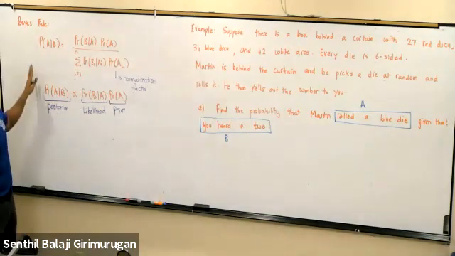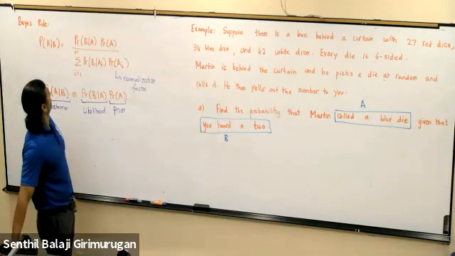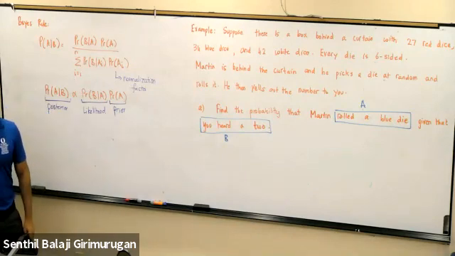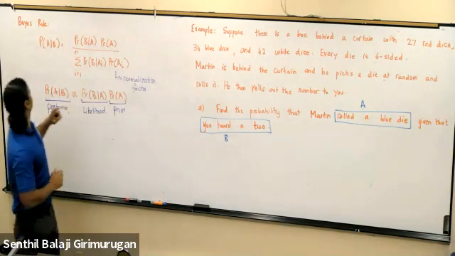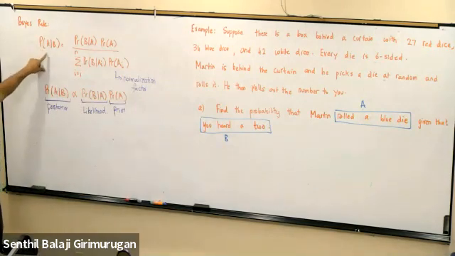I'm keeping this here for a reason. What we're trying to find is probability of A given B. Given that you heard a 2, what is the probability that Martin rolled a blue die?